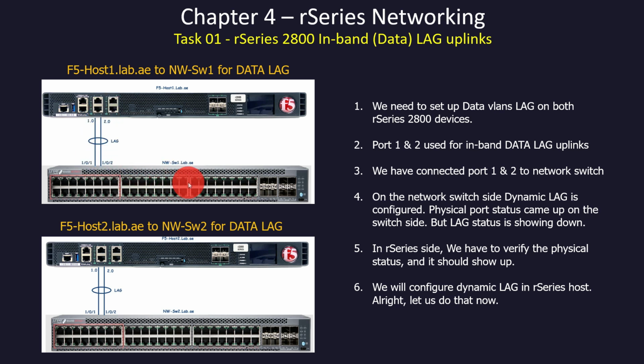On the network switch side, dynamic LAG is configured. Also, the physical port status came up on the switch side. However, the LAG status is showing down because on the rSeries side, we have to configure the dynamic LAG. Also, we have to verify the port physical status and LAG status.